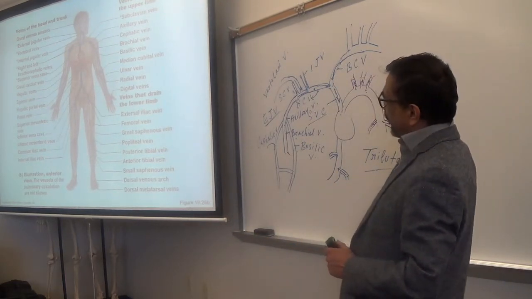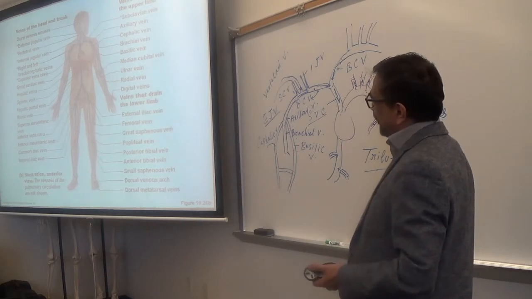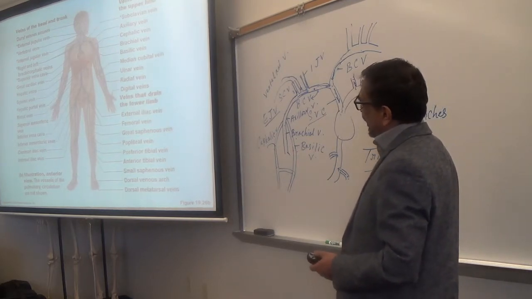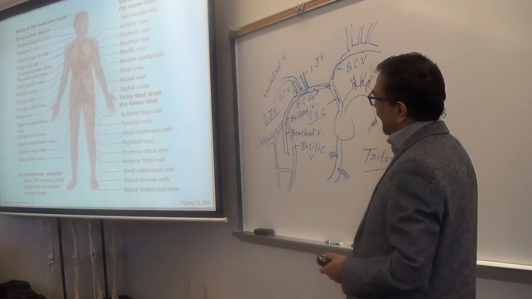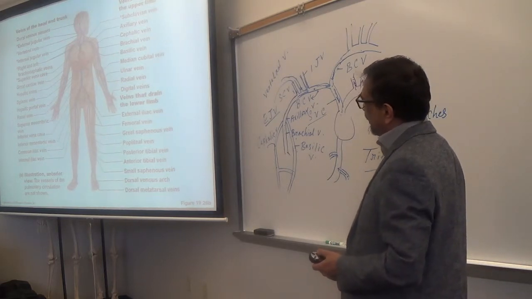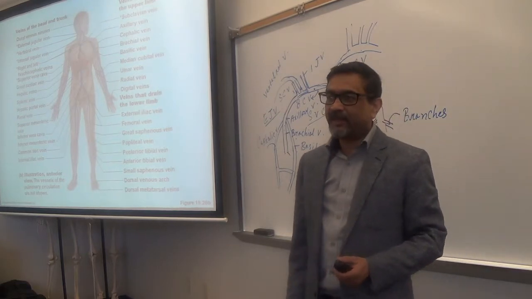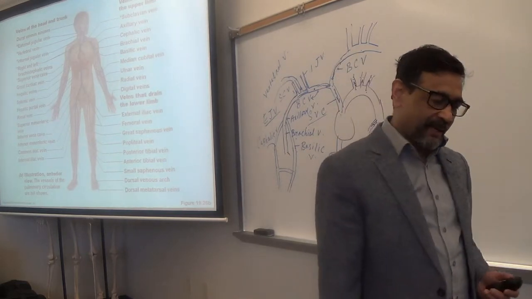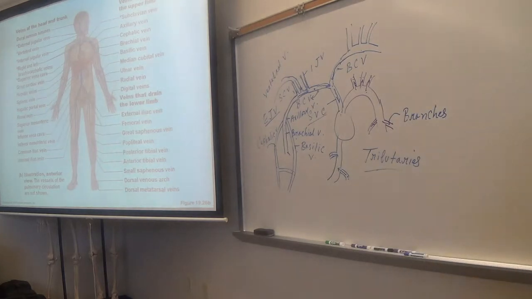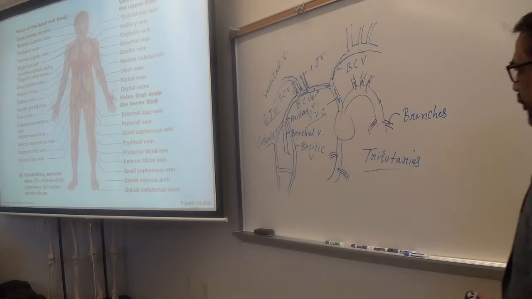I'm repeating again quickly. Subclavian becomes axillary, and from axillary we get cephalic and basilic. Are those superficial or deep? Superficial. And axillary continues as a deep vein, the brachial. So in your arm, you get 2 superficial, 1 deep.